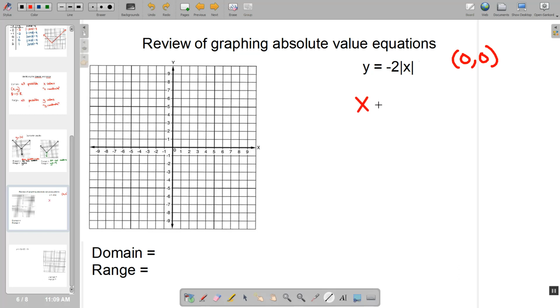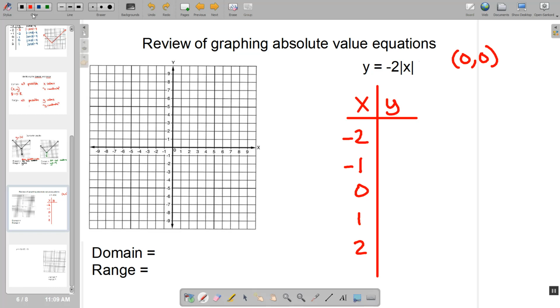So if our vertex ends up being 0, 0, that means the middle of our table can probably be 0. Then we'll go -1, -2 like normal, and then 1 and 2. So if we plug in -2 into our equation, I would do -2 times the absolute value of -2.